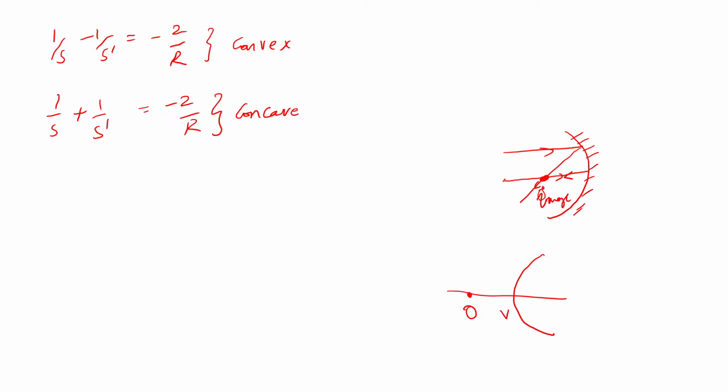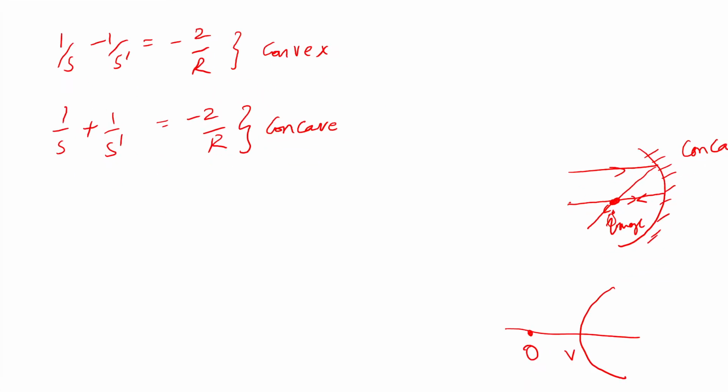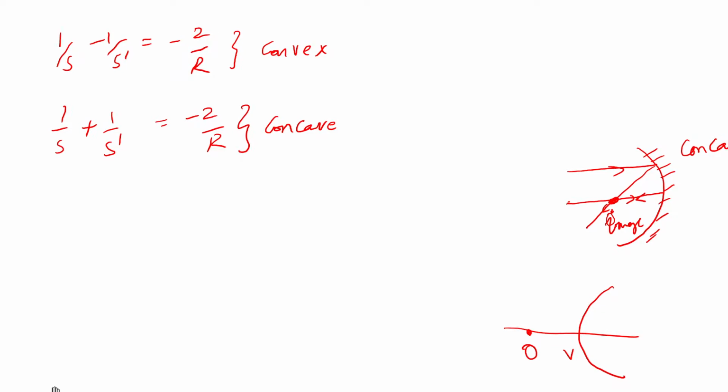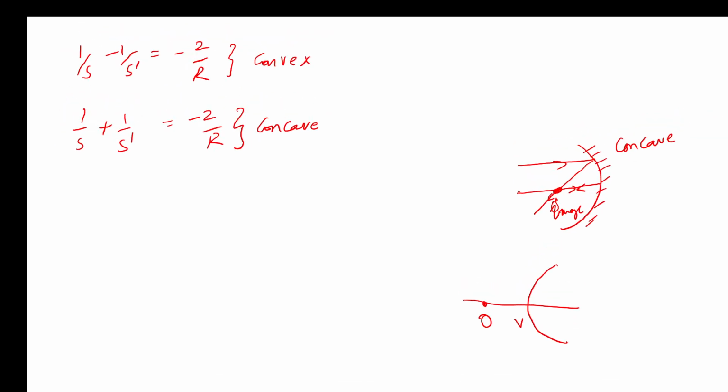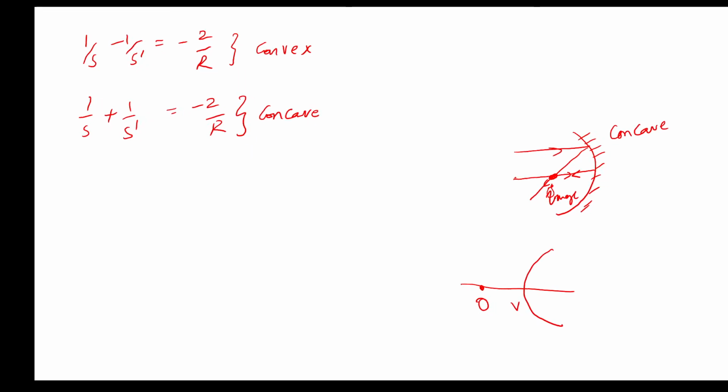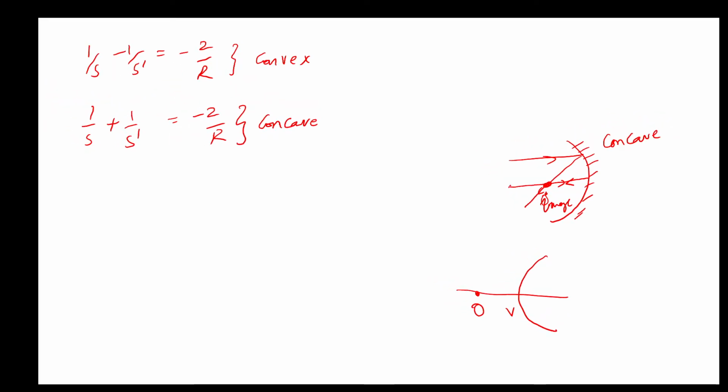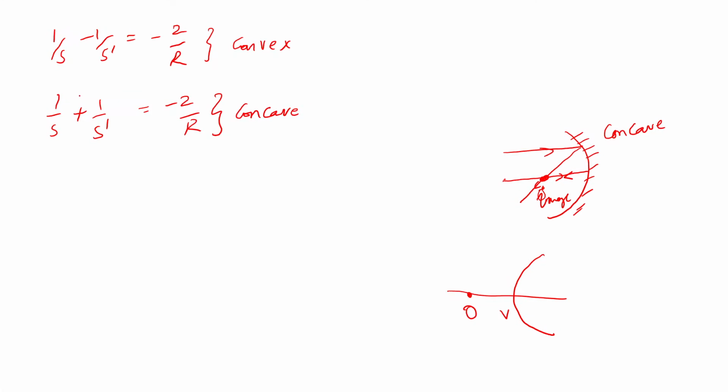And when the image is to the left, again, the distance is positive. So in case of a concave mirror, the image is forming onto the left as well, right? And that's why you have here a positive sign. We change the sign here for a concave mirror because for the concave mirror, both object and image are on the left side.